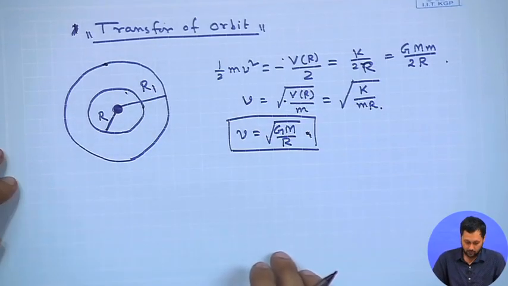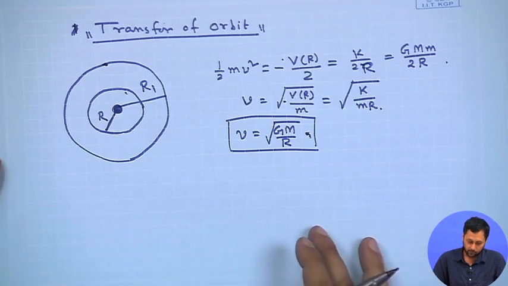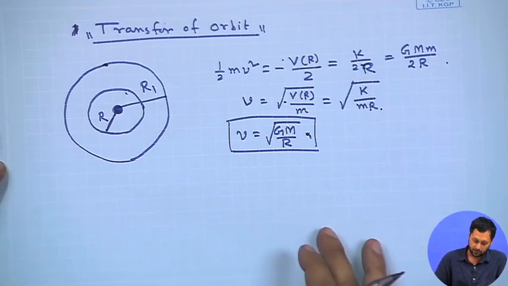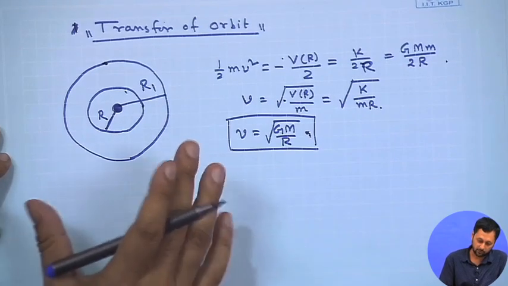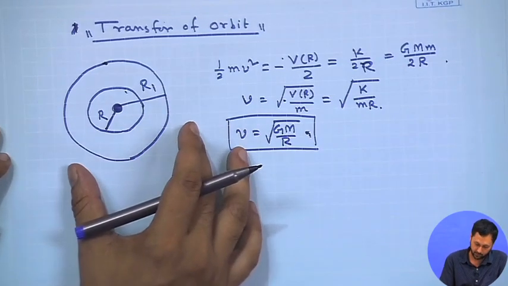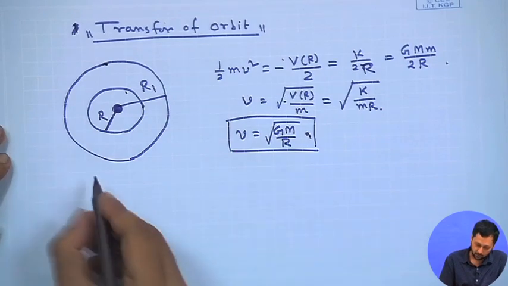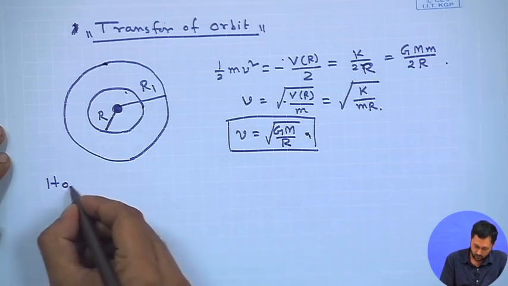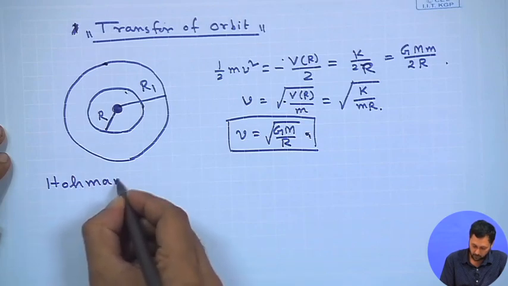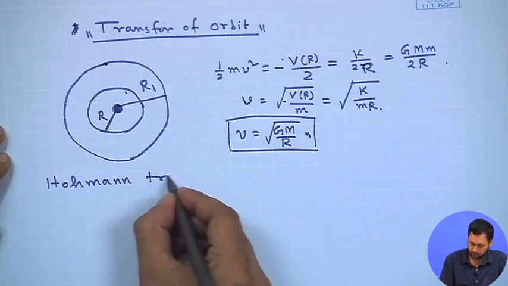Okay. There are of course many ways of doing it, but there is a very common way of doing it, which is called Hohmann transfer.